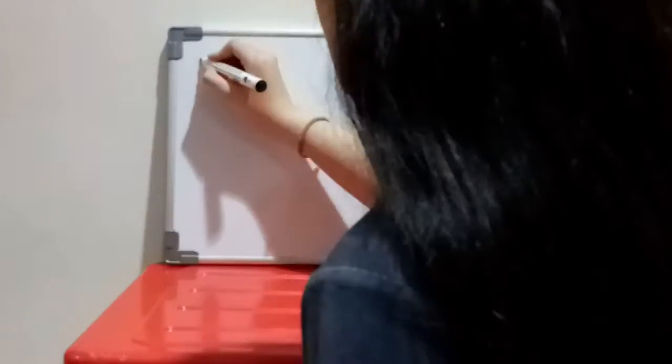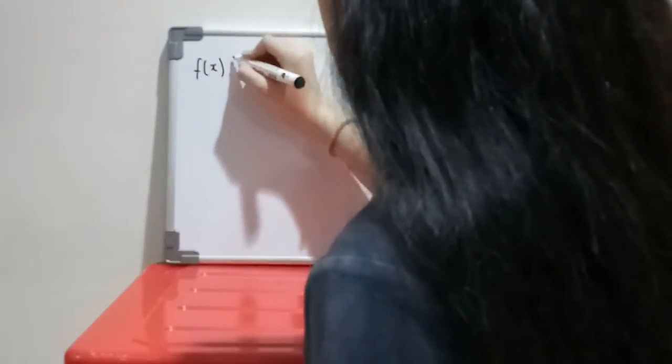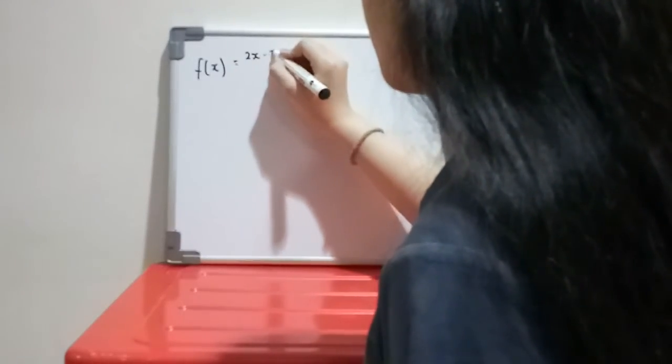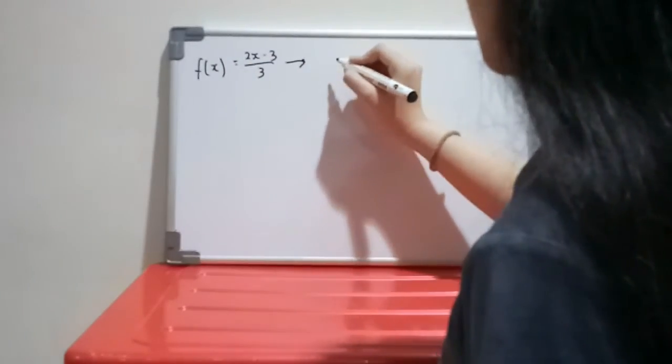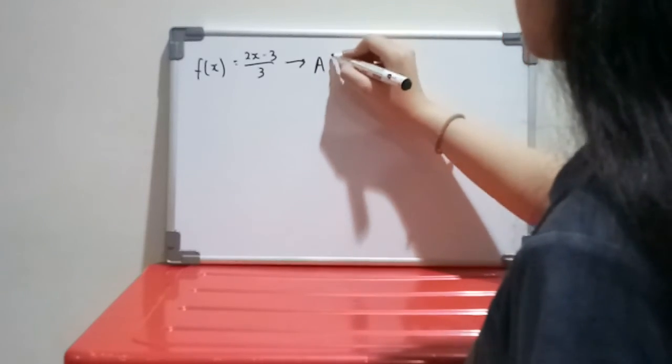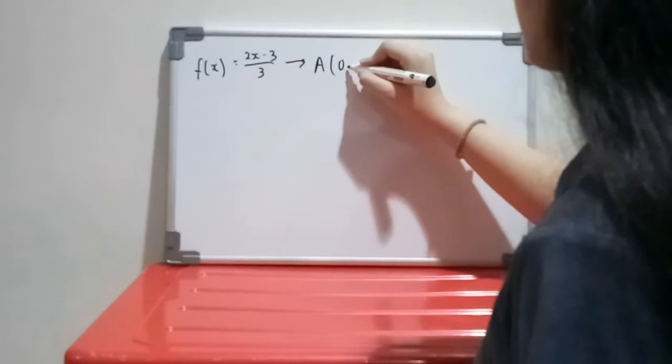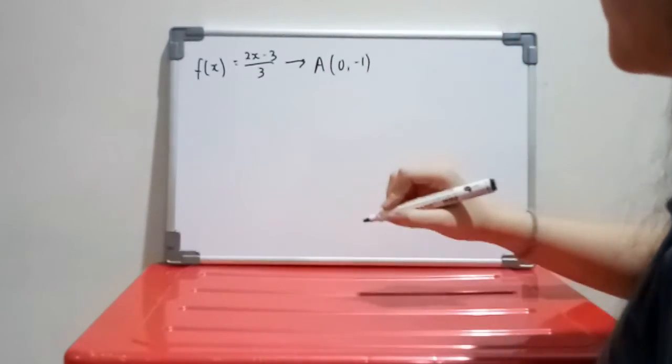Let us solve it. We have f(x) equals (2x minus 3) over 3. And the point A on f(x) lies on the coordinate (0, negative 1).